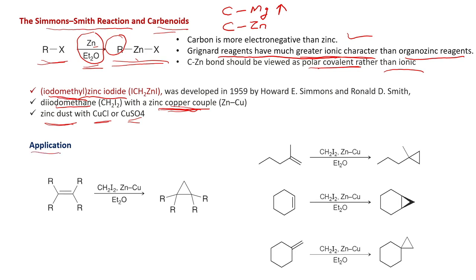What is the application of Simmons-Smith reagent? The Simmons-Smith reagent is used for cyclopropanation. It will make a cyclic compound across this double bond. You will see a cyclopropane structure here. So wherever there is a double bond, this Simmons-Smith reagent will create a cyclopropyl group.